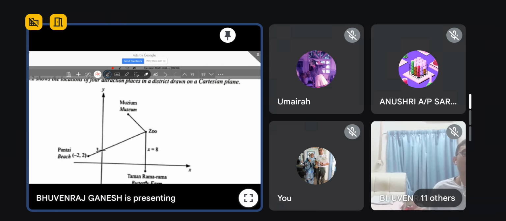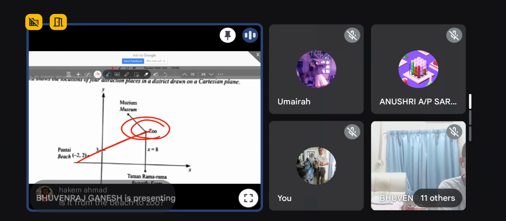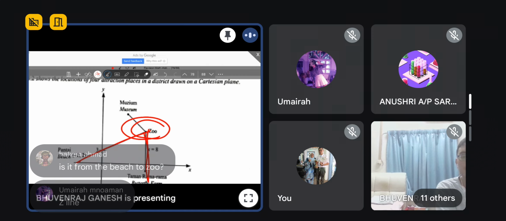Anyone? Which line, guys? Nope. It's not that line. Guys, you must notice, zoo is the intersection point. Zoo tu adalah titik persilangan garis ni dengan garis ni.